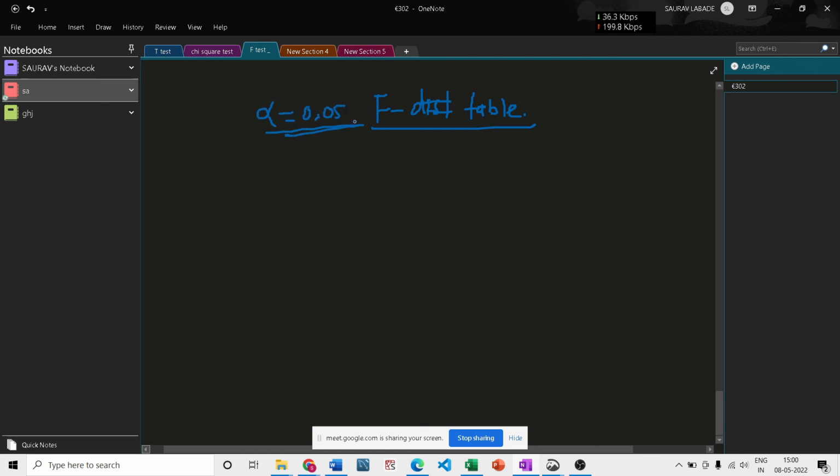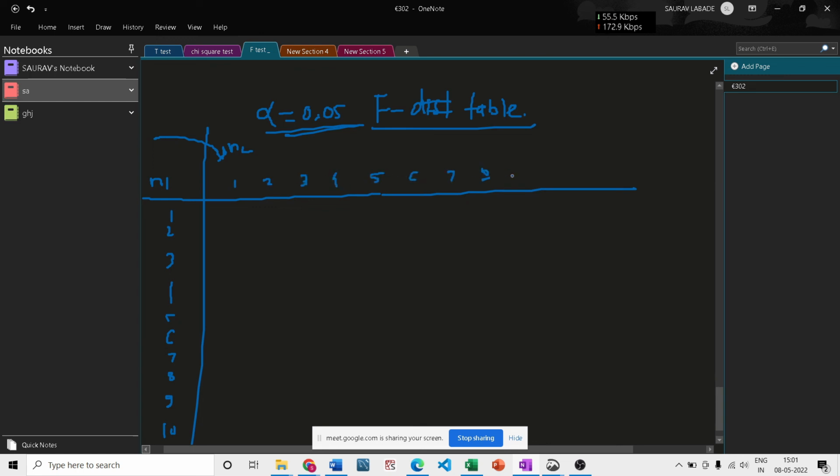They have given n1 values here, 1, 2, 3, 4, 5, 6, 7, 8, 9, 10, and n2 values here, 1 to 10 and so on. I think up to 30 they have given, because this is the small sample test, so your sample size must be less than 30.